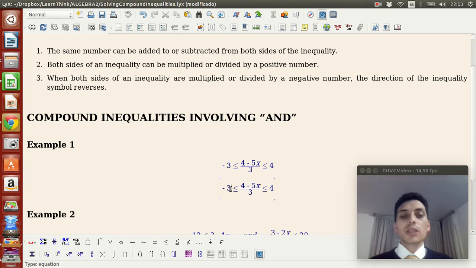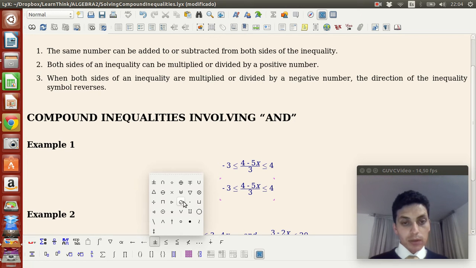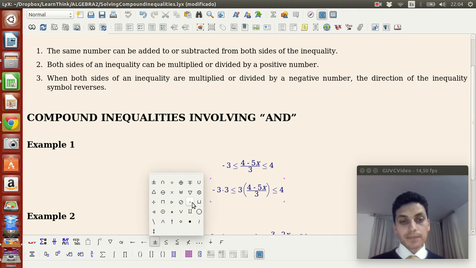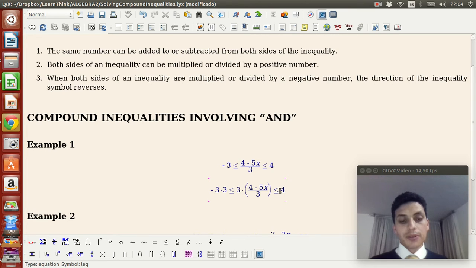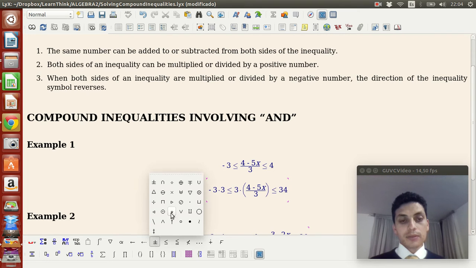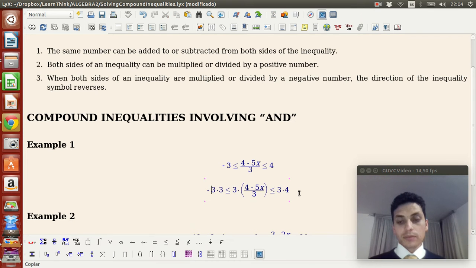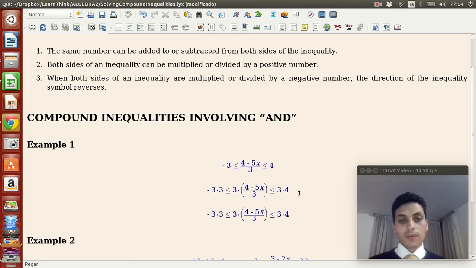Let me show you using the multiplication. I have to multiply everything by 3, including the 4.